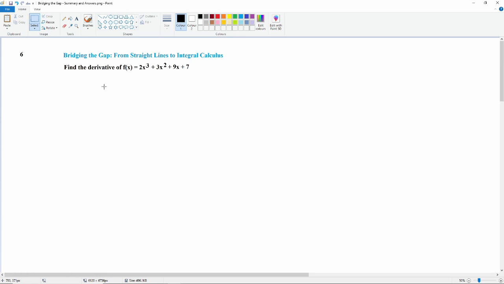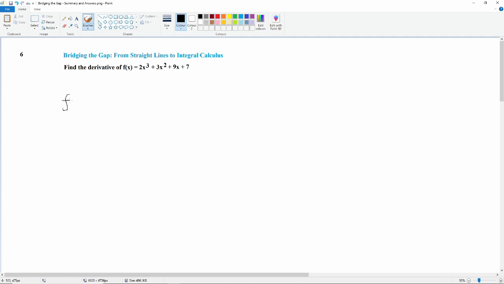Okay, lesson 6 ended with the question, find the derivative of f of x equals 2x cubed plus 3x squared plus 9x plus 7. Well, that's fairly straightforward. We know that the derivative of the sum is equal to the sum of the derivatives, so we can take the derivative of every term.